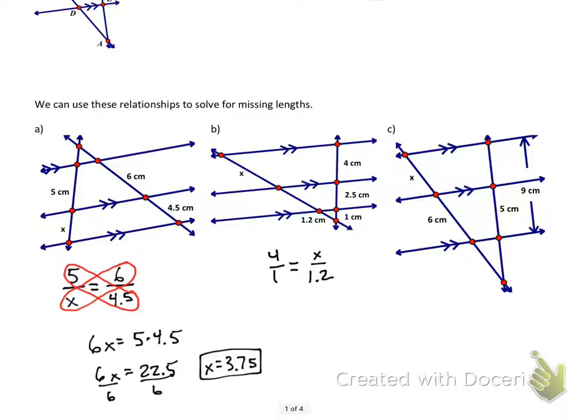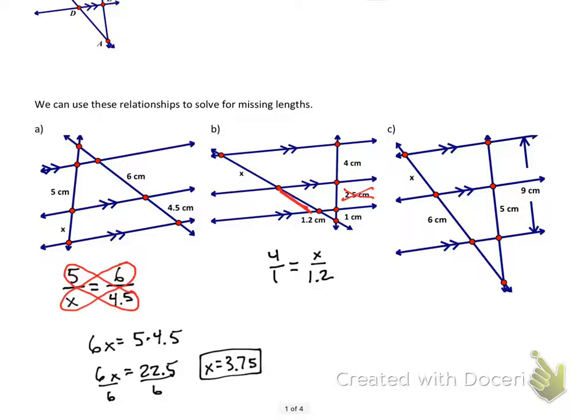So I need to know what this value right here is. So this red one that I just marked, if I don't know what that is, then that 2.5 is just extraneous information. It's there to distract you. Okay? So the only numbers we can use to set up a proportion are these 4 on the top and the bottom. So I will just go ahead and cross this out.